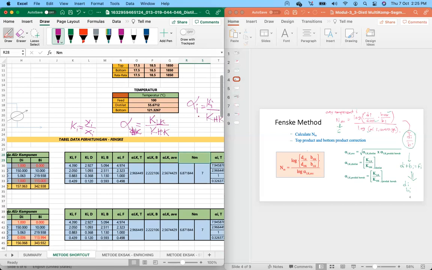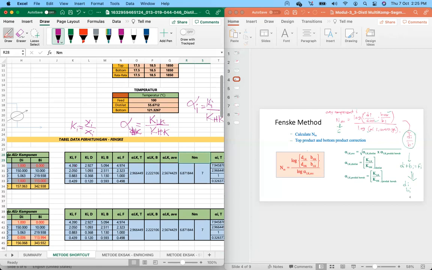Okay, so when you do the calculation, think a little bit about the K value. Usually the K value should be more than 1 because it's the light key divided by the heavy key in this case, because the more volatile a component is, the higher the K value.